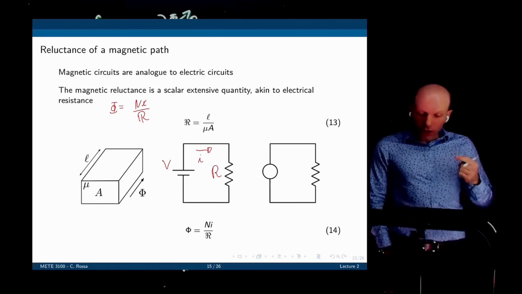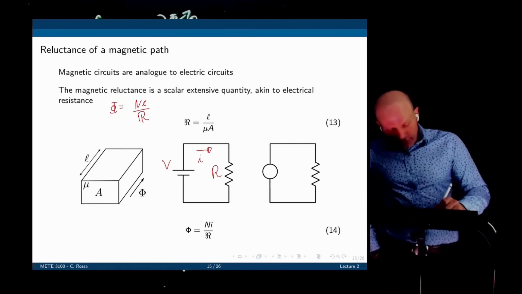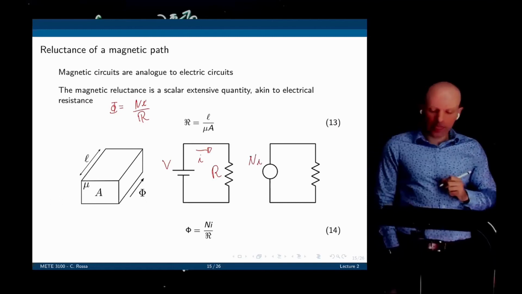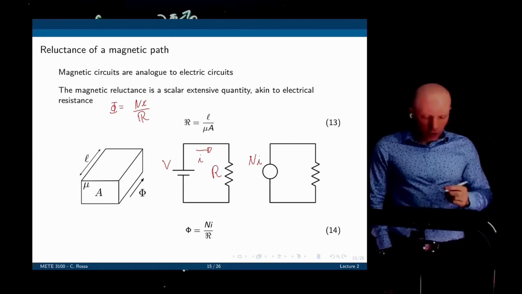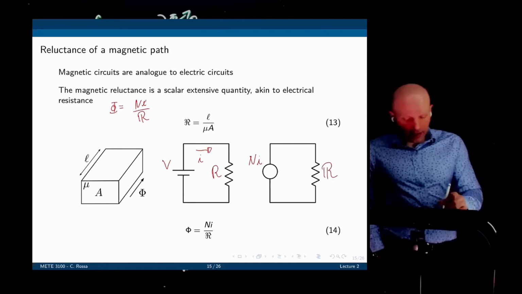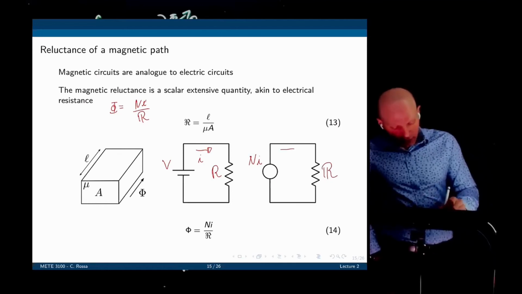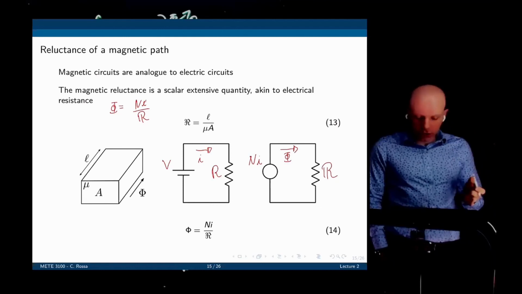If you're now looking at a magnetic circuit, then our driving force becomes Ni, the magnetomotive force. The resistance is the reluctance, and the magnetic flux is the current. So this is the analogy that you have between them.